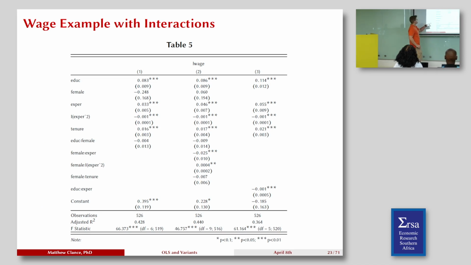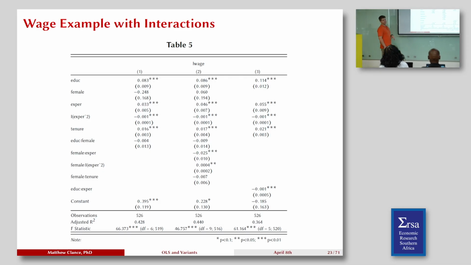So in terms of interactions here, I've rerun the model before, but I've only included the education and female interaction. In this case, if I was to actually look at this, I would need to run a test because that interaction is insignificant. And female by itself is insignificant as well.